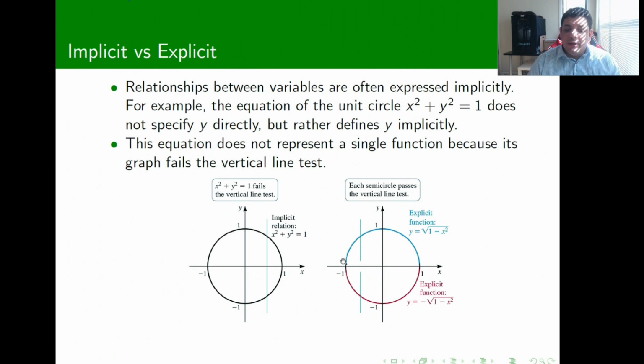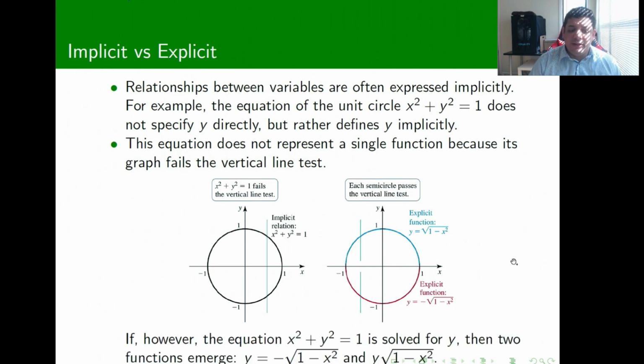So the blue curve here is this function, the red curve here is this function. Now notice that this is an implicit relationship and this is explicit. Here we're given y in terms of x explicitly.